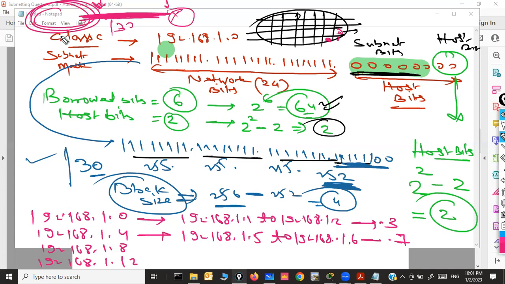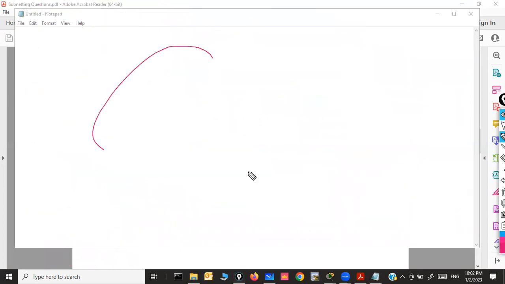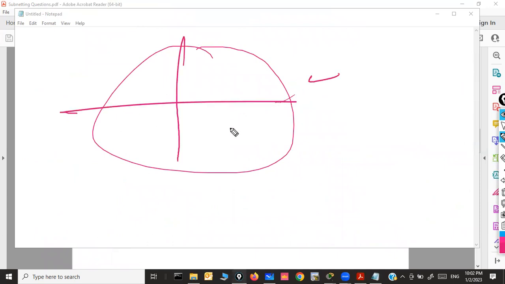So subnetting can be done keeping in mind the number of IPs, not only considering the number of subnets. Right? So we do subnetting in both ways. If your requirement is dividing a network into n number of subnets, that is one way of doing subnetting: one network, divide into 4 subnets, divide into 8 subnets.